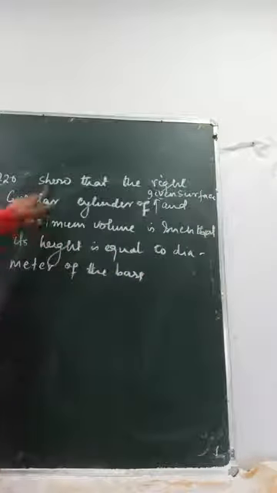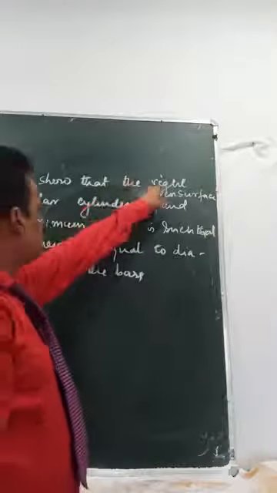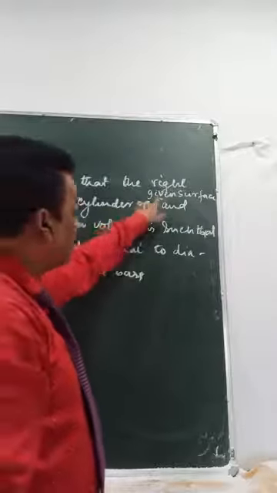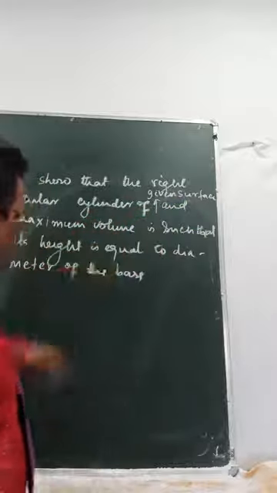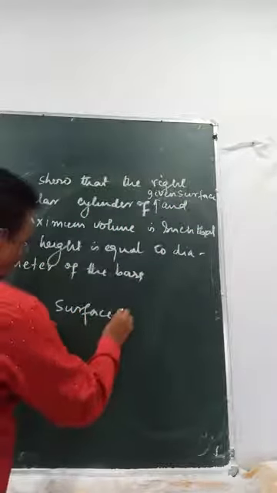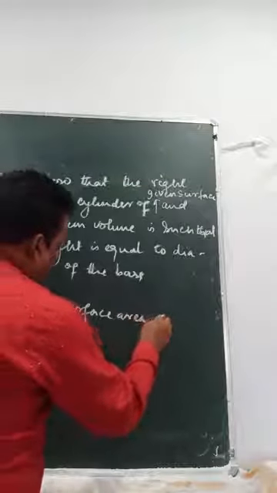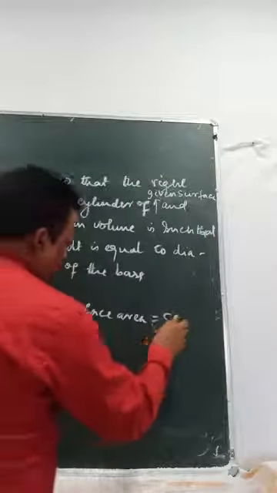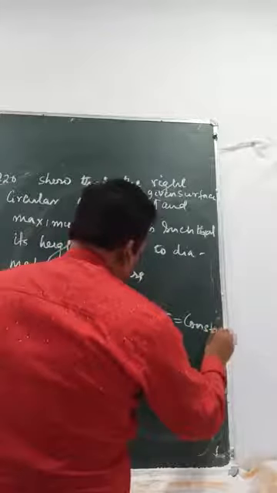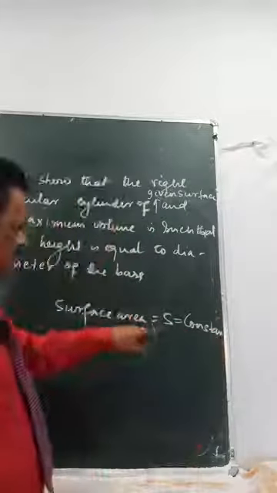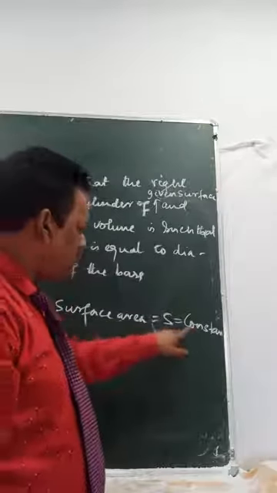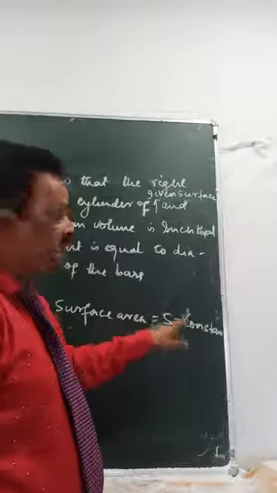Once more, right circular cylinder of given surface, meaning surface area, which is S, that will be given, means constant. This is the main point to understand. Given surface area, the word given means constant. S will be constant here.